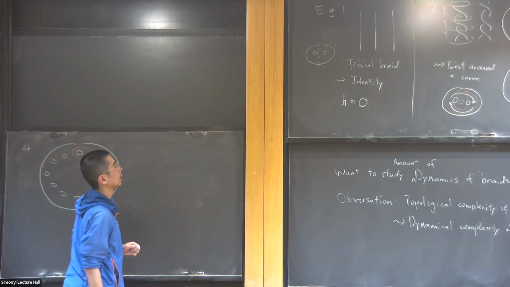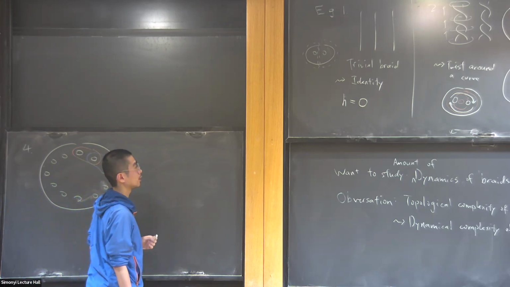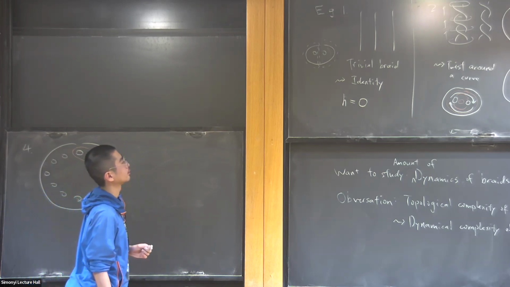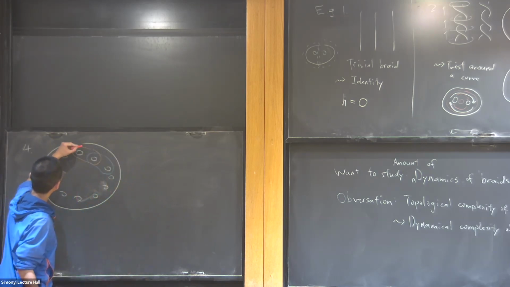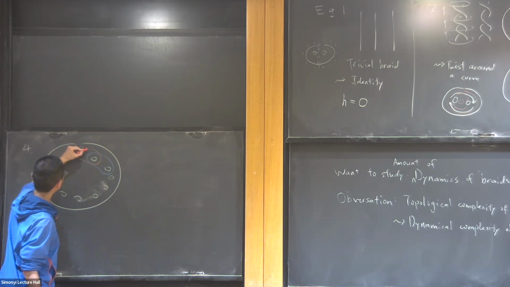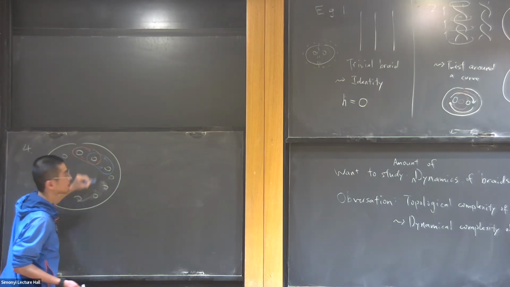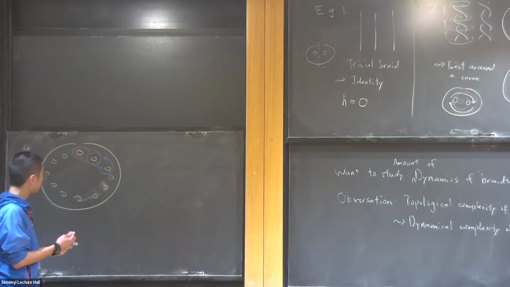Okay, so I have here a braid with 12 strands. And my braid is, well, I'm not going to tell you what the braid is, but I'm going to tell you what the underlying homeomorphism is.